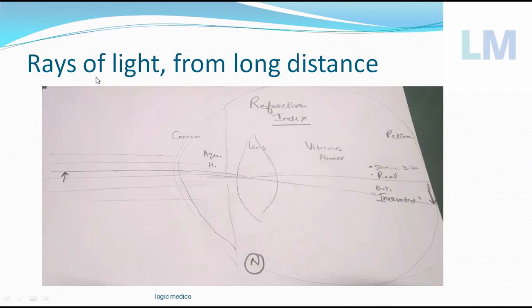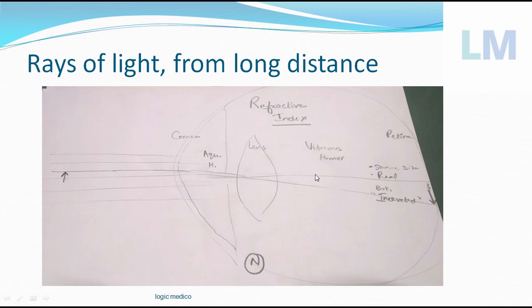Rays of light from a long distance are coming parallel to one another like this. Subsequently, they have to pass through the cornea, the aqueous humor, through an aperture in the iris called the pupil, the lens, and the vitreous humor.